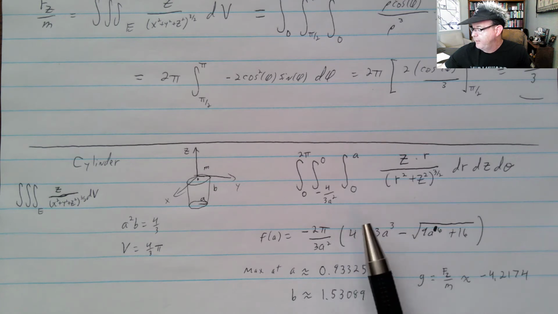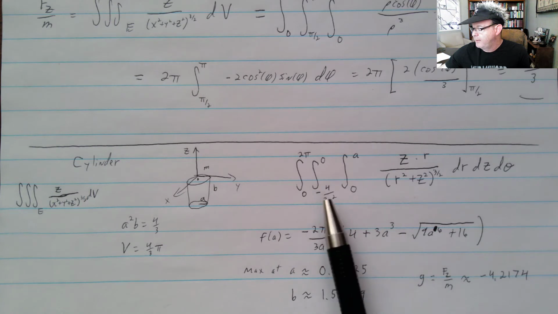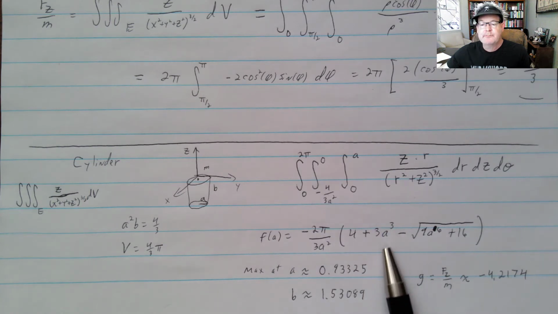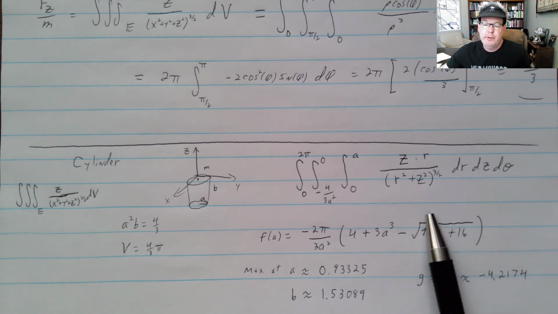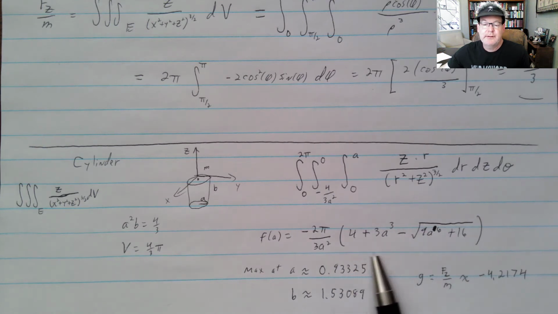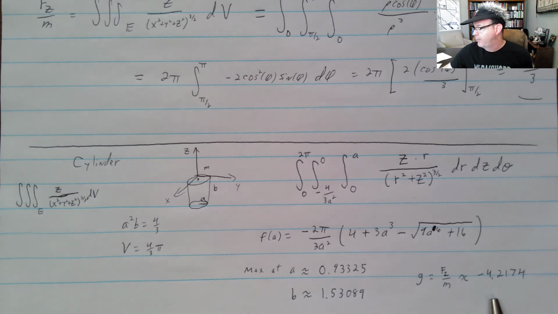For the height, negative 4 over 3a squared to 0, and then theta 0 to 2 pi. And this integral's doable. I won't show all the details, but there's where the max occurs roughly. And so now there's an even bigger pull downwards, more than the negative 4.19, it's more like negative 4.22.